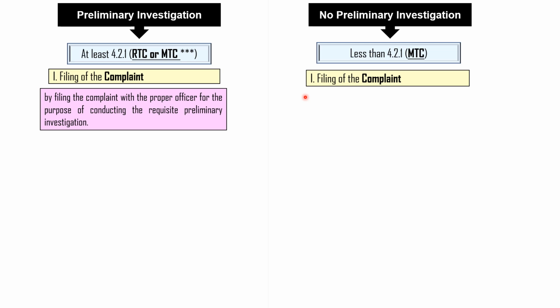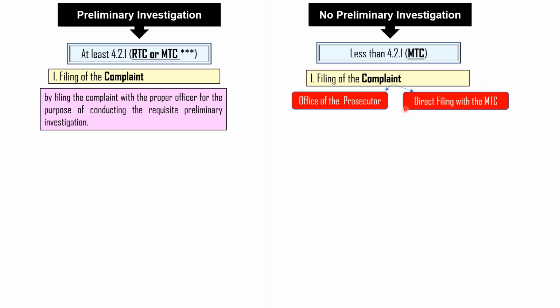You have two options actually. First option is you can file it with the Office of the Prosecutor, and the second is you can directly file it with the MTC. But take note that if you are in Metro Manila, you do not have that option because you have to file it only with the Office of the Prosecutor.